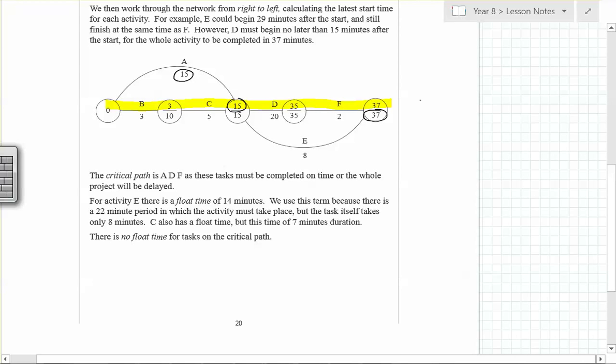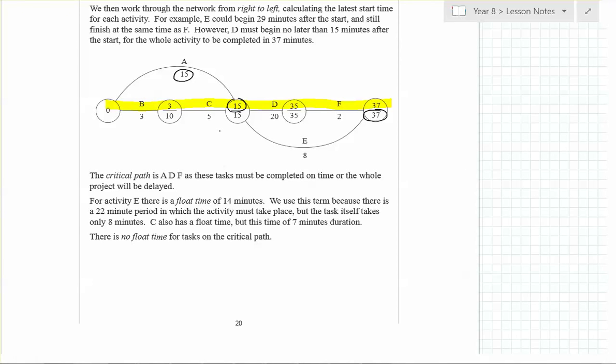We don't want it to start any later because that's when it can be finished by. So we just want to know, is there any leeway within our route for when something has to start? Because obviously, if at the beginning I have to wait longer for the oven to heat up than it takes me to weigh and mix the ingredients, well, I can take my time over that. It only takes 3 minutes, but I could take 10 minutes if I want to. So this is what we're working out.